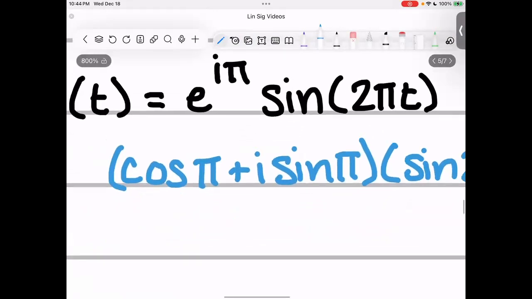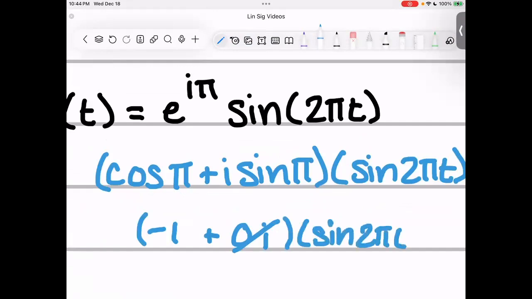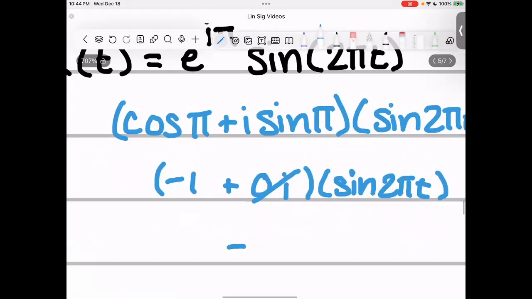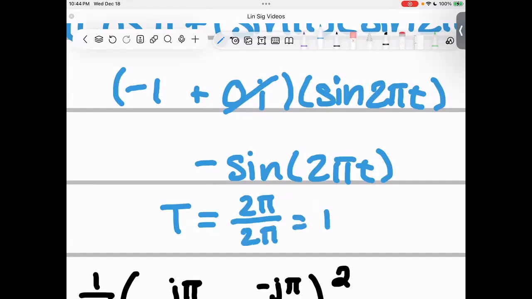So we're going to end up with cosine of pi, which is -1, plus 0 j, that cancels out, times sine of 2 pi t, which is the same thing as negative sine of 2 pi t. And we can just, again, do T equals 2 pi over b, which in this case is 2 pi is 1, f naught equals 1.